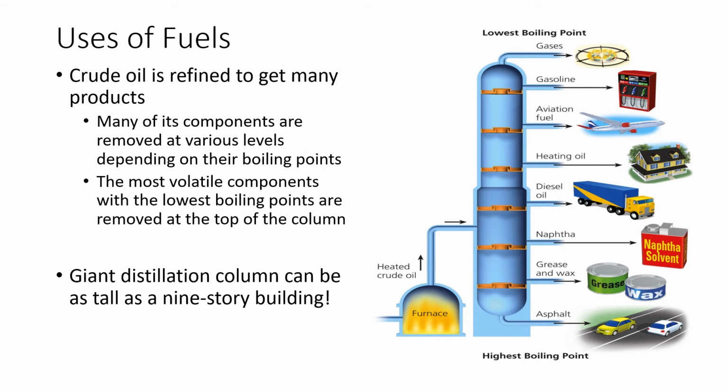Jet fuel, heating oil, diesel oil, grease and wax, like petroleum jelly, and then asphalt. All of these things are coming from petroleum. What's not in this little diagram here is also any kind of plastic. Plastics are petroleum products. So we basically distill at different temperatures to get the product that we want.